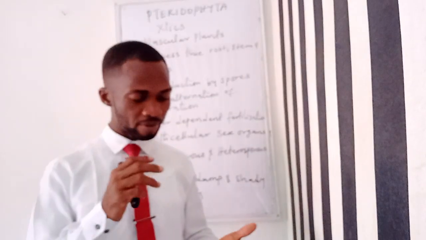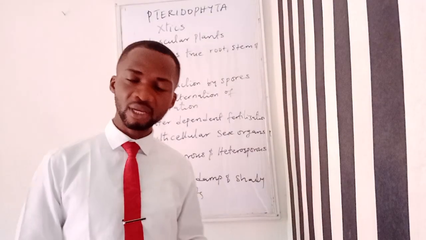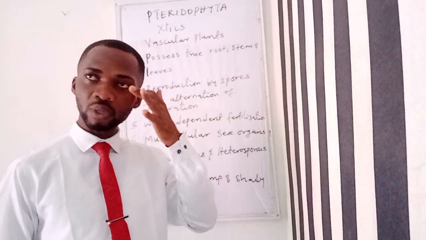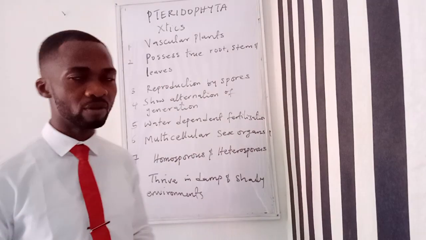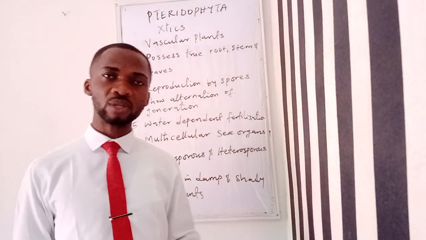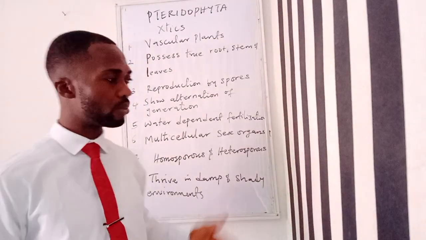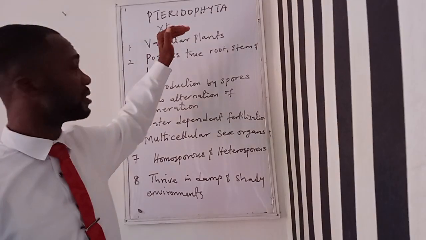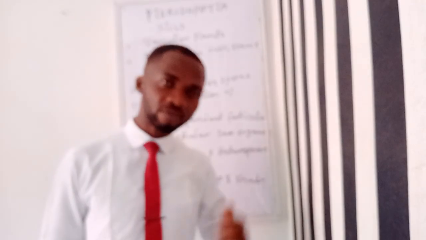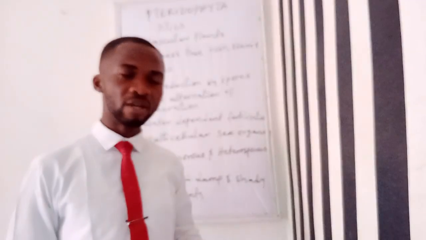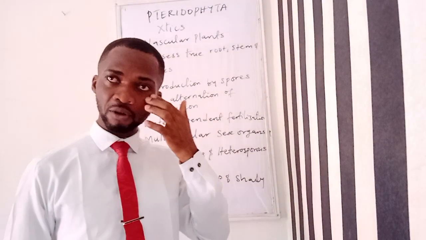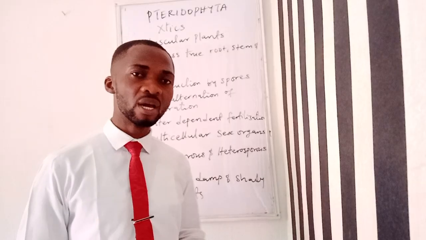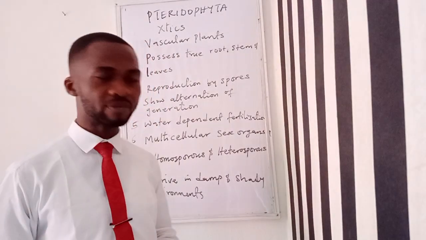So in the case of schizophyta, the thallophyta, and bryophyta, we can comfortably say that they do not possess the vascular bundle or the vascular tissue, and we are talking about the xylem and the phloem. But this other group of plants, the pteridophyta and the spermatophyta, have the vascular tissue, the xylem and the phloem. And this can be a basis through which we can classify them into higher plants.